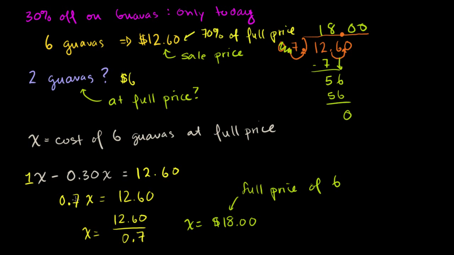And that's equivalent to saying 70% of the full price is $12.60. Then we just solved this algebraically, dividing both sides by 0.7. And we got x, the full price of 6 guavas, is $18, or that's $3 per guava, or $6 for 2. Anyway, hopefully you found that helpful.